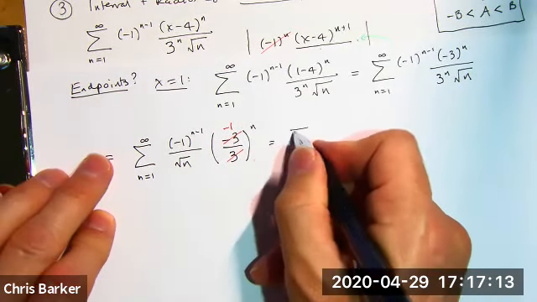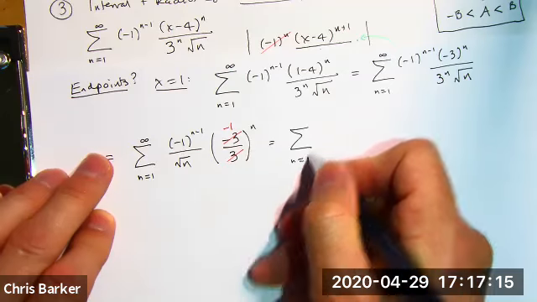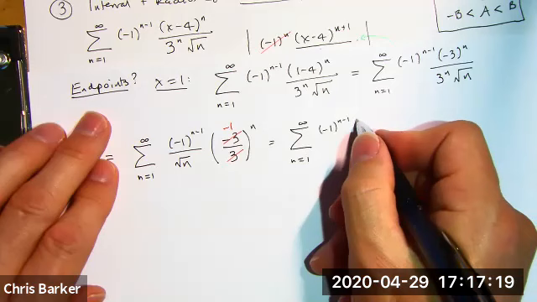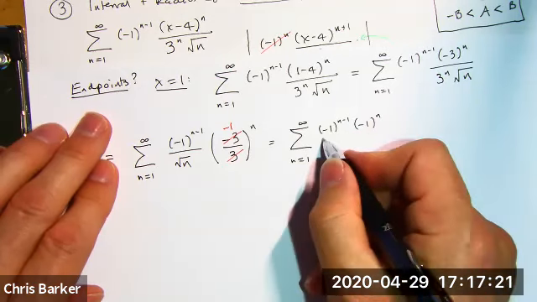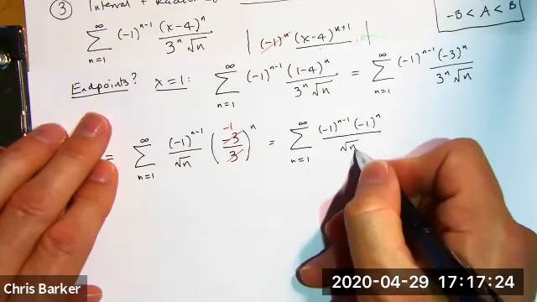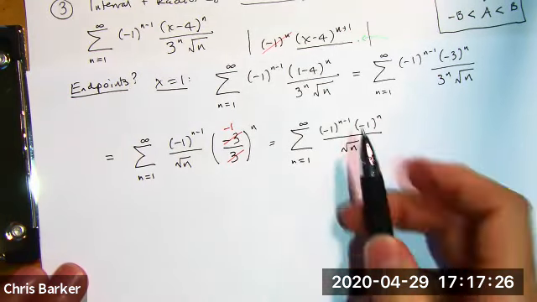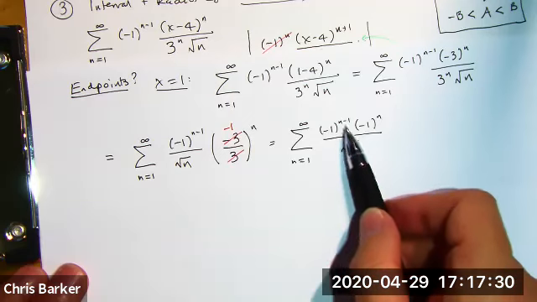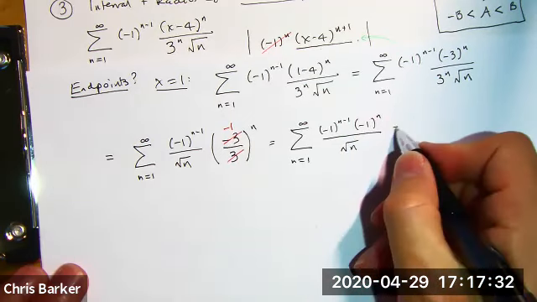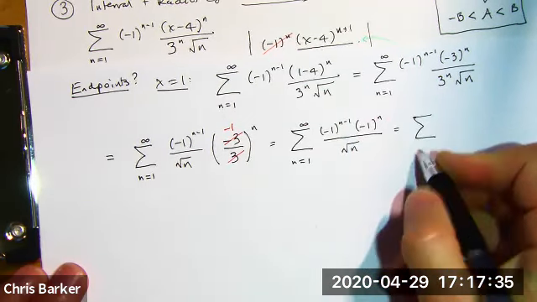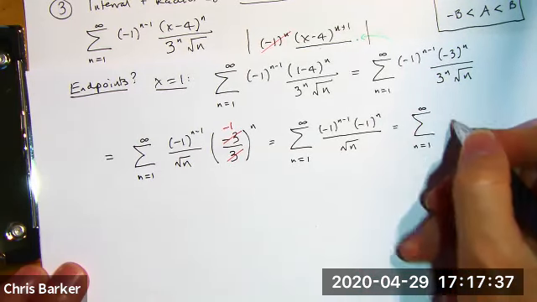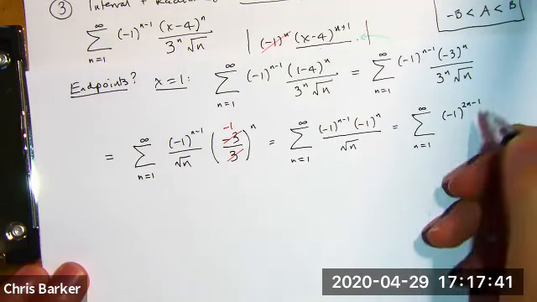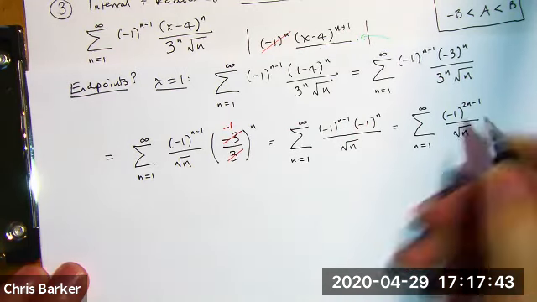So I have the sum from 1 to infinity of negative 1 to the n minus 1 times negative 1 to the n over the square root of n. Notice how these now have the same base, negative 1 in both cases, so you add the powers together. And you get n equals 1 to infinity of negative 1 to the 2n minus 1 over the square root of n.